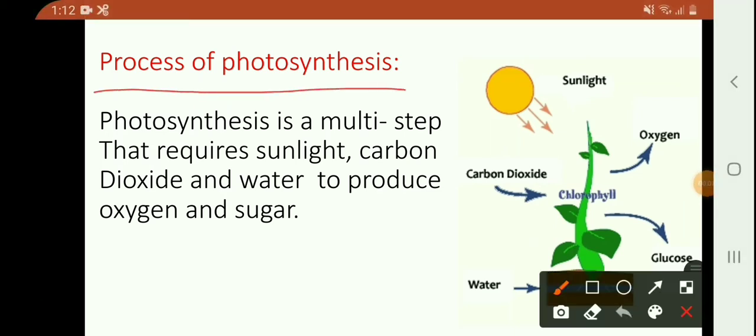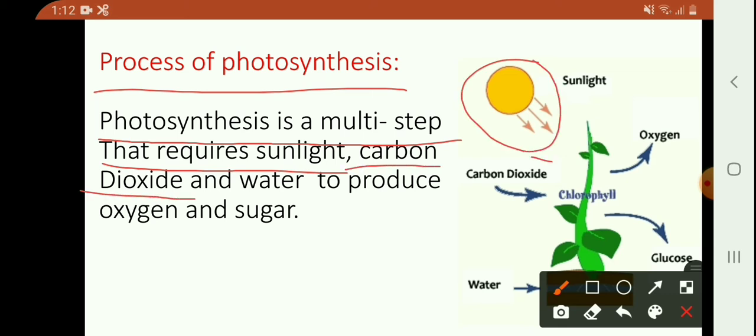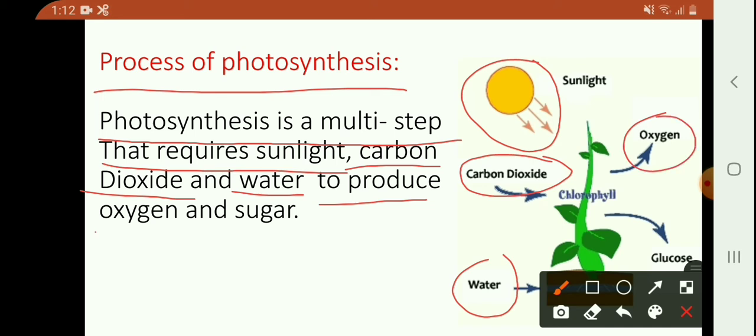Process of photosynthesis. Photosynthesis is a multi-step process that requires sunlight تحتاج ل sunlight, carbon dioxide from air and water to produce لتعطينا oxygen and sugar. Glucose means sugar.